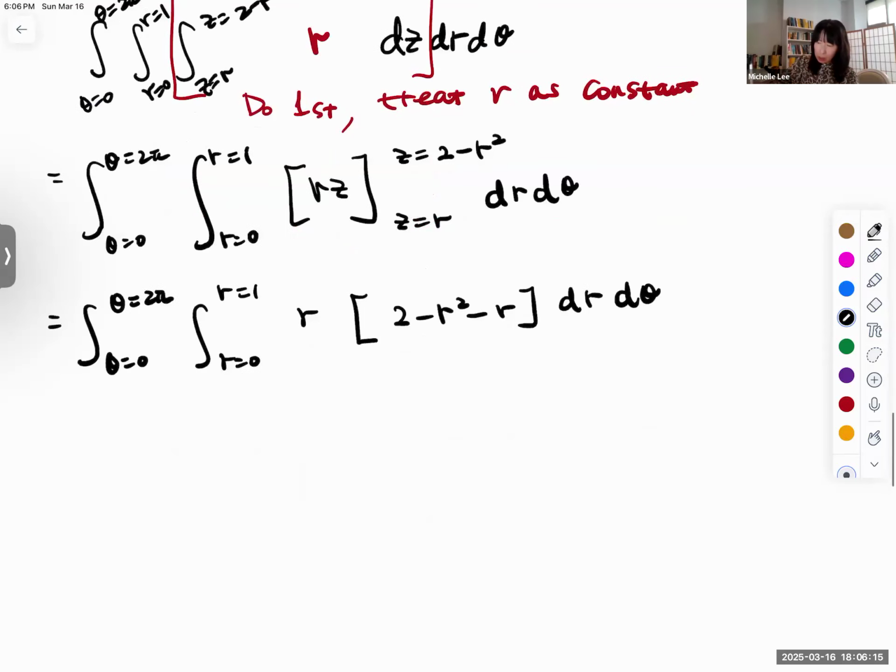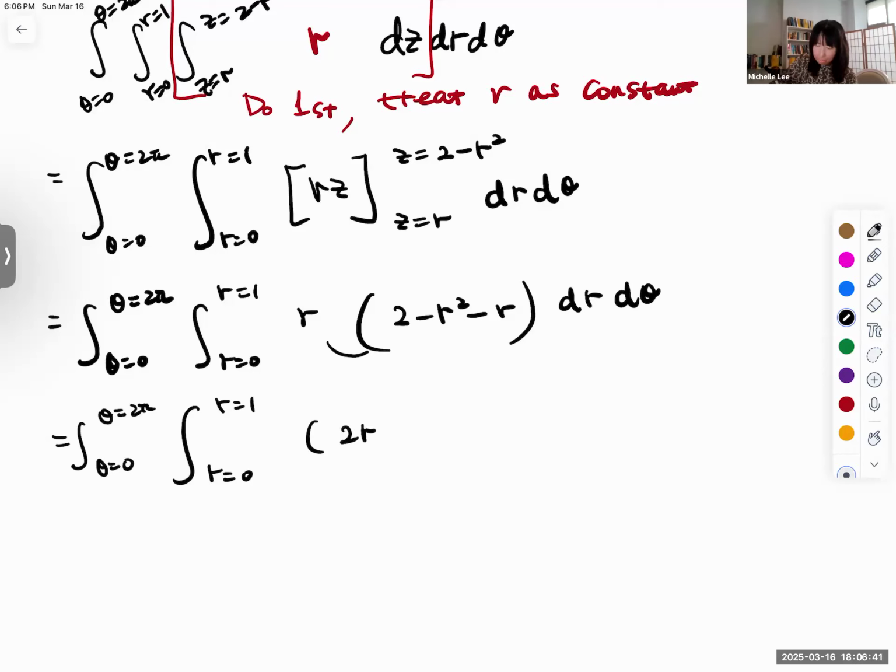Now we distribute. So that will be theta equals 0 to 2 pi, r equals 0 to 1. So let's make 2r minus r squared, change the order, and minus r to the third power, right?